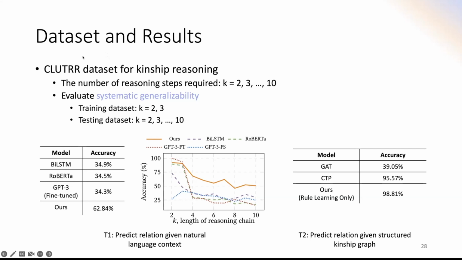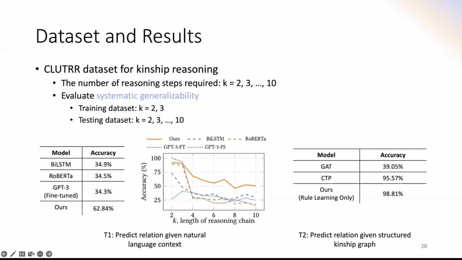We quantify this using the number of reasoning steps required. And in this data set, we have that number K from 2 to 10. One of the interesting setups to test systematic generalizability is that for the training data set, we only train on small examples, which are short paragraphs where you only need to derive a relation among, let's say, 3 people or 4 people.